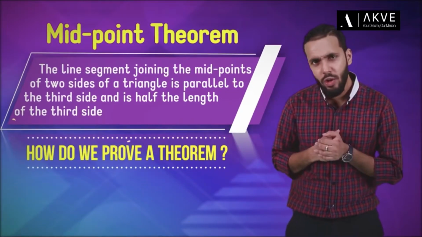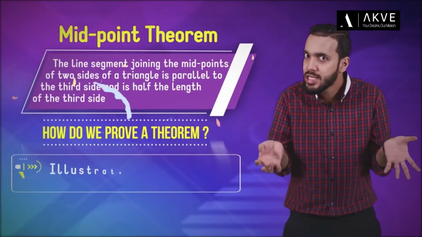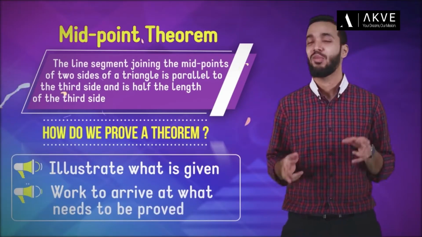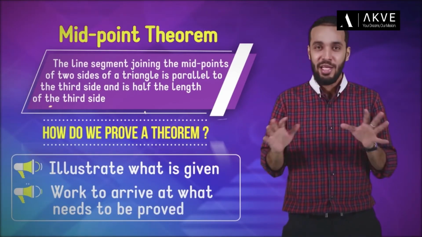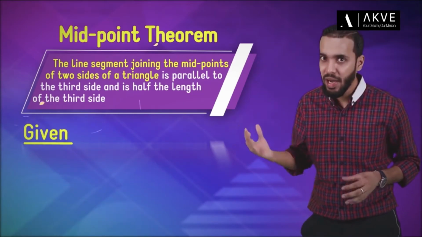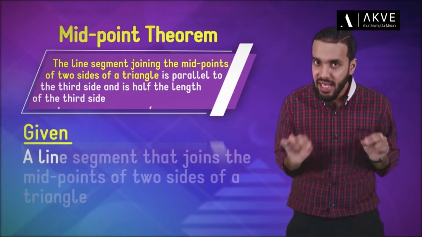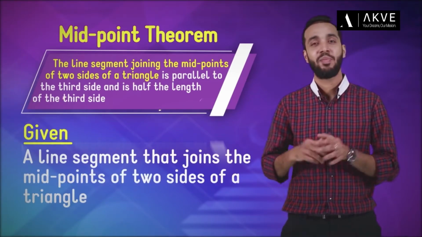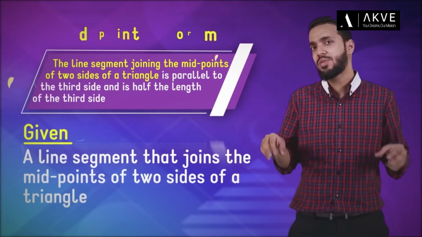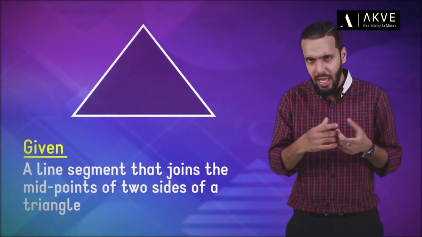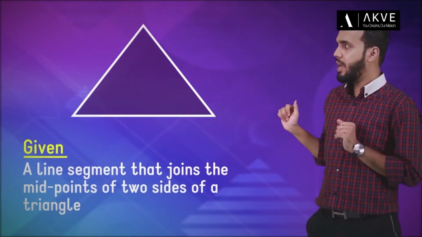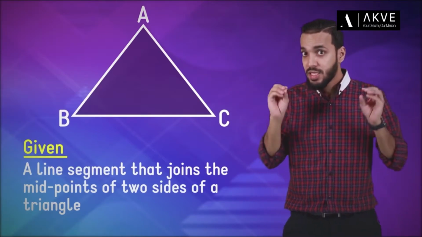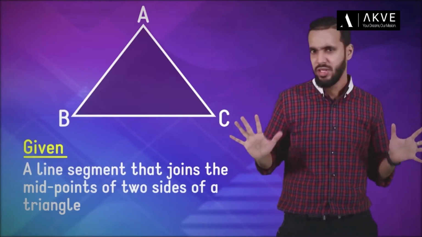How do we prove a theorem? We first illustrate whatever is given and then work to arrive at whatever needs to be proved. So here, the given part is that there's a line segment that joins the midpoints of two sides of a triangle. So let's illustrate this by taking a triangle. It could be any triangle of your choice and name it A, B, C. Now, let's mark the midpoints of any two of its sides.